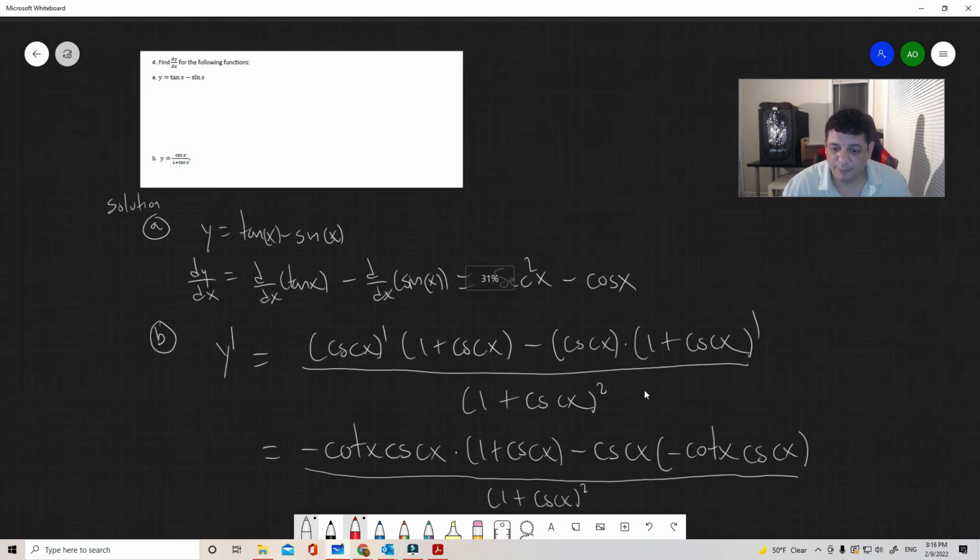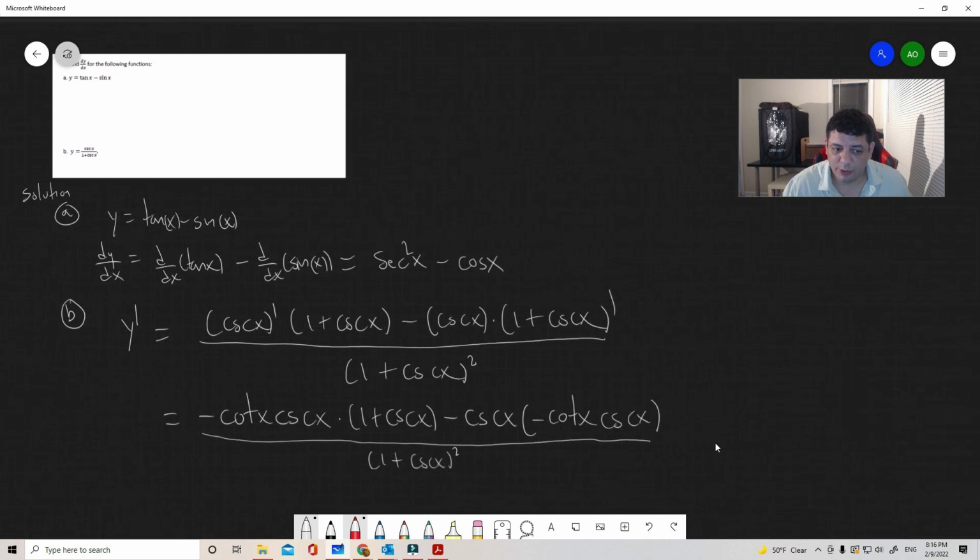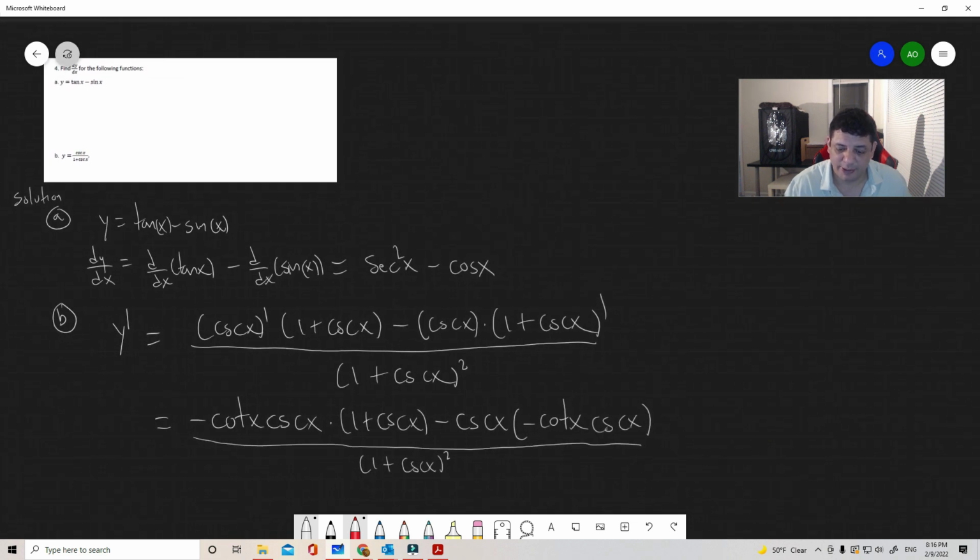So now we're left with simplifying the last piece. Notice that if we just distribute this, we're going to get minus cotangent of x cosecant of x, and then we're going to get a minus here with this.